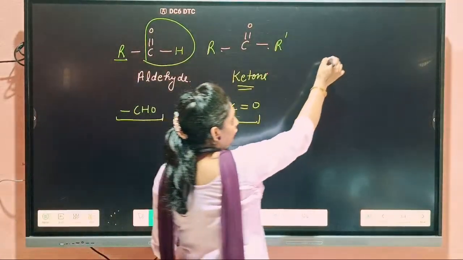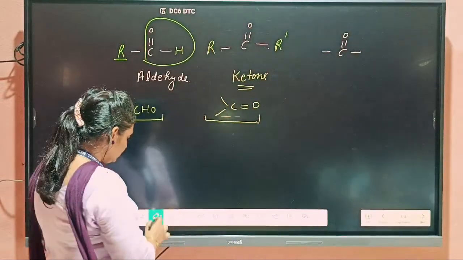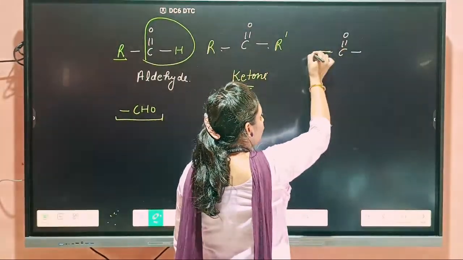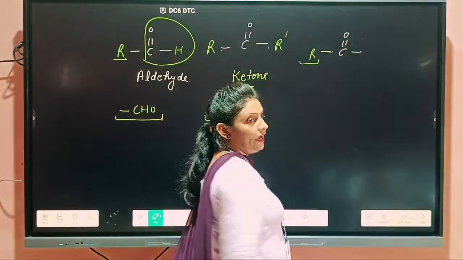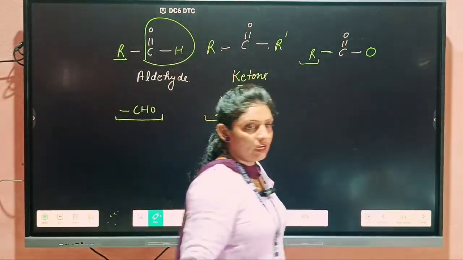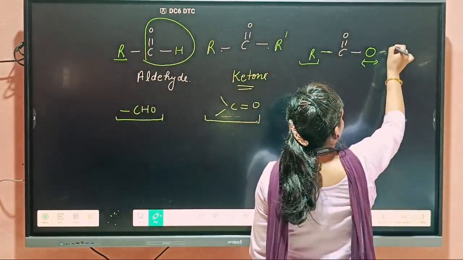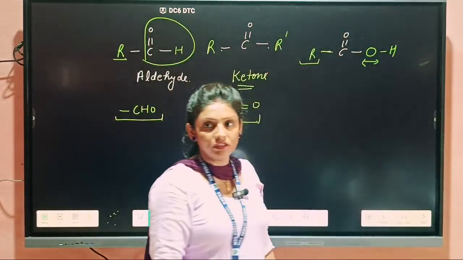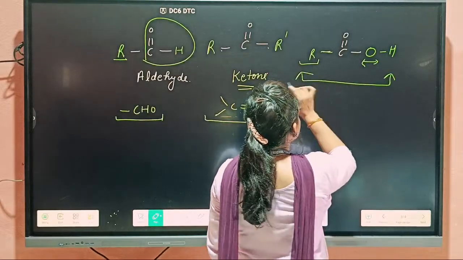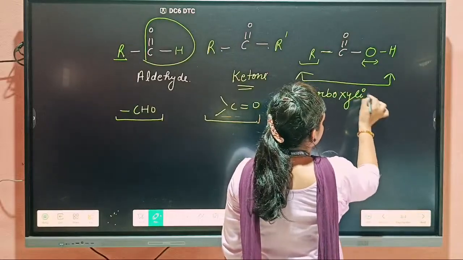If this is the common, you are making one bond with an alkyl group and the other bond with another oxygen, and this oxygen is making one bond with hydrogen, then this group is known as the carboxylic acid.